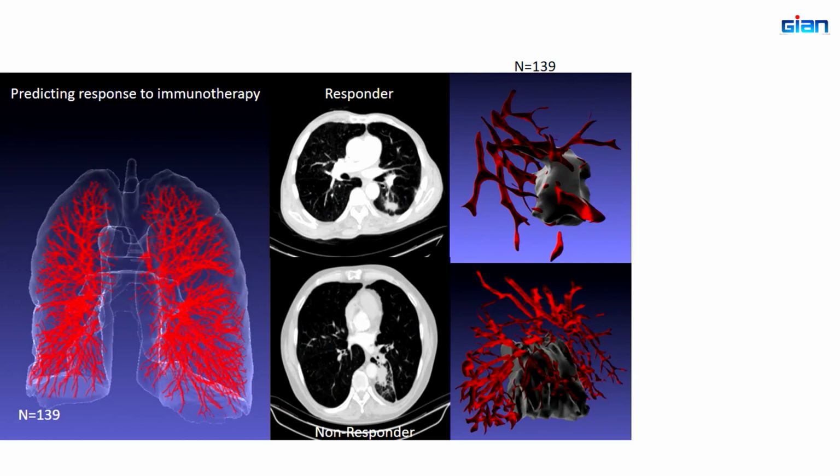So, just a brief recap. We saw this clinical problem where we wanted to predict response to immunotherapy, where the first step was to get the segmentations of the blood vessels that feed the tumor, and then extract features like tortuosity or some other twistedness measure to quantify the nature of the blood vessels, the morphology of the blood vessels that feed the tumor.